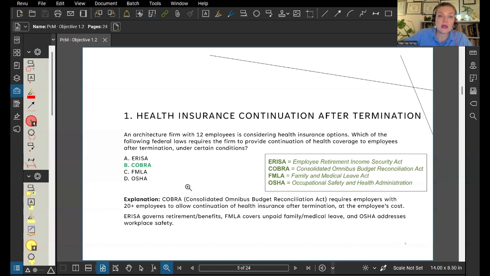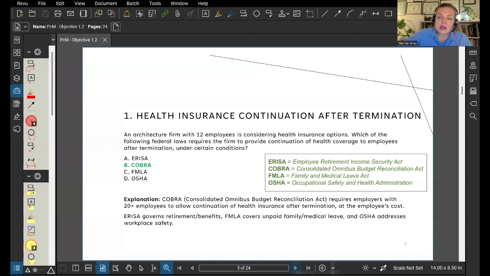So here, the reason why we selected COBRA is because COBRA requires employers with 20 plus employees to allow continuation of health insurance after termination at the employee's cost. And ERISA governs retirement and benefits. FMLA covers unpaid family and medical leave, and OSHA addresses workplace safety.